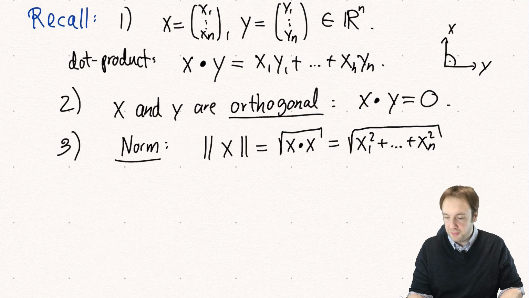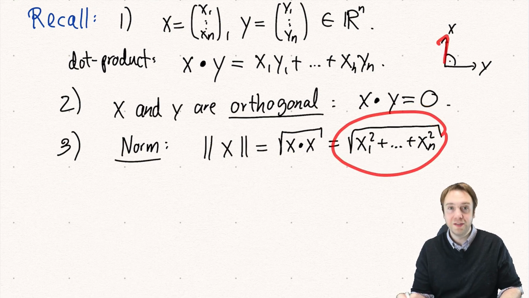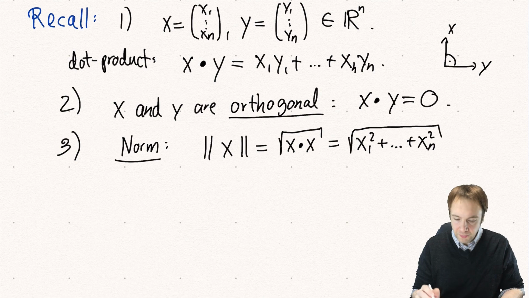And in R2 and R3, this is just the length of a vector, because you see by using the Pythagoras theorem that you get this formula if you want to calculate the lengths of these vectors. So this is nothing new.